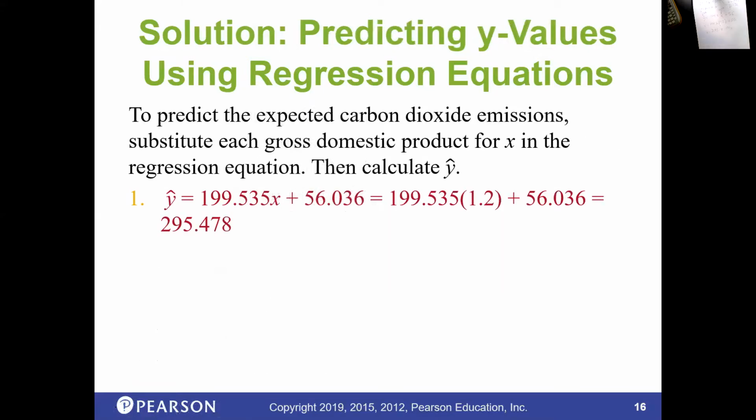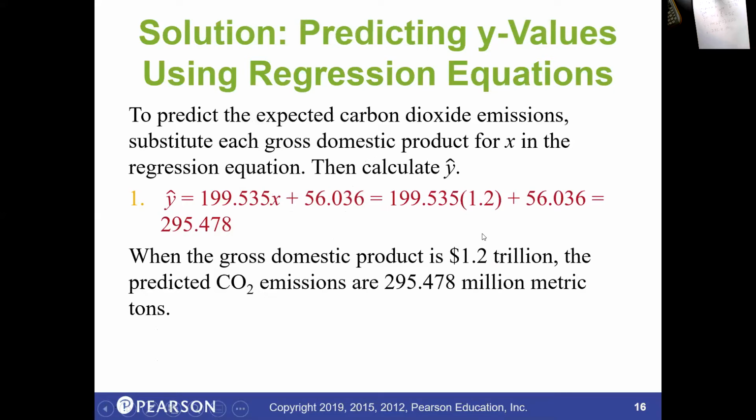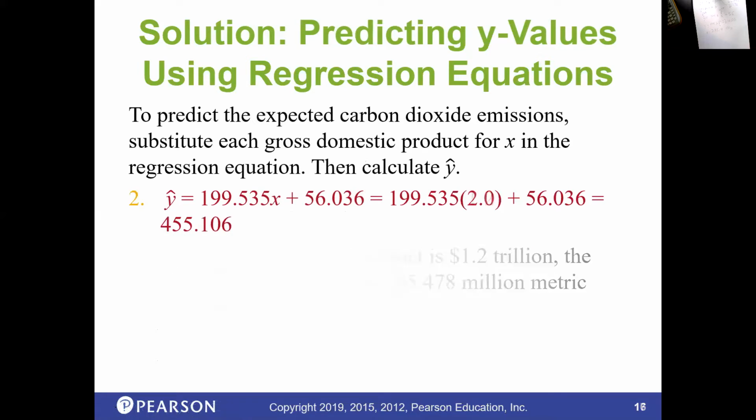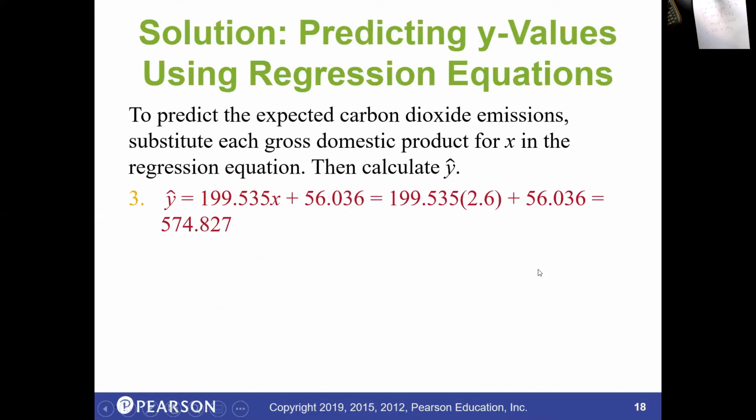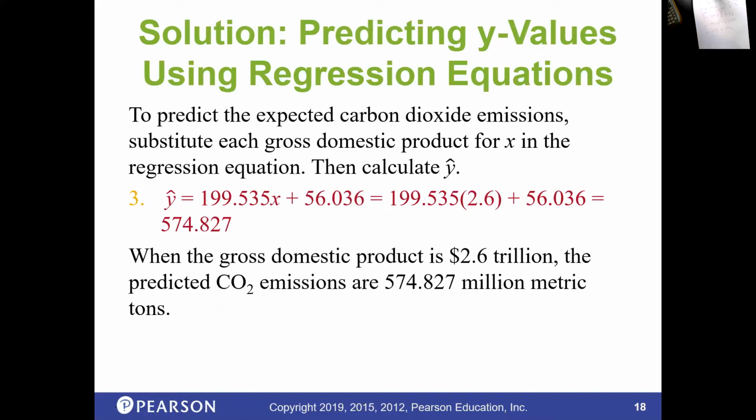So it's that easy. We simply plug in 1.2 for x in the equation and calculate y. And then I have 2 more examples of that here. And that's it. That's how we get the regression equation and use it for prediction.